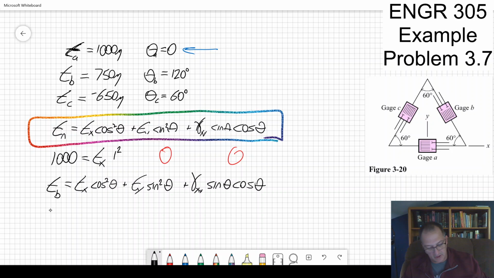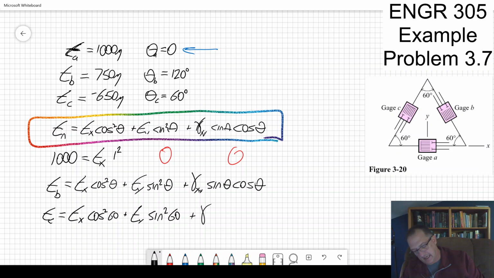And now I want to write this down too. The strain in the c direction is equal to strain in the x, and I could write that down because I know what it is. I should have put the angles in here, and I'm going to go back and do that. Cosine squared, the c direction is 60 degrees, plus EY sine squared 60, plus gamma sine of 60 cosine of 60.